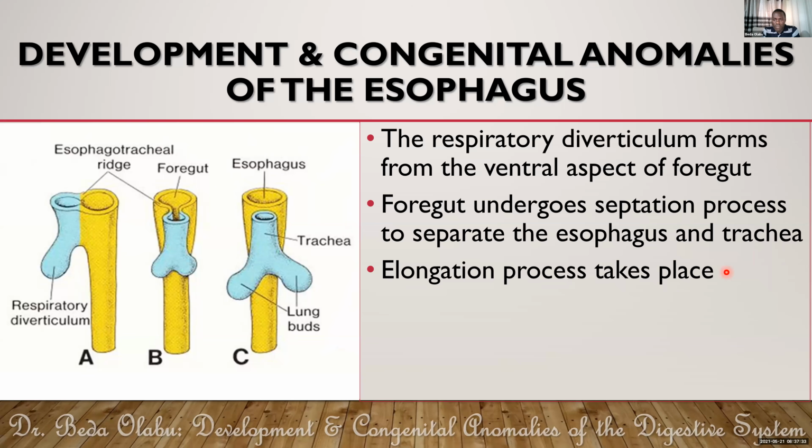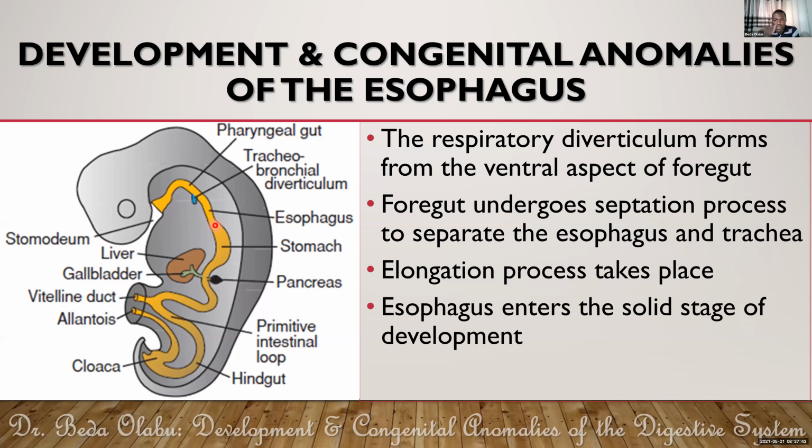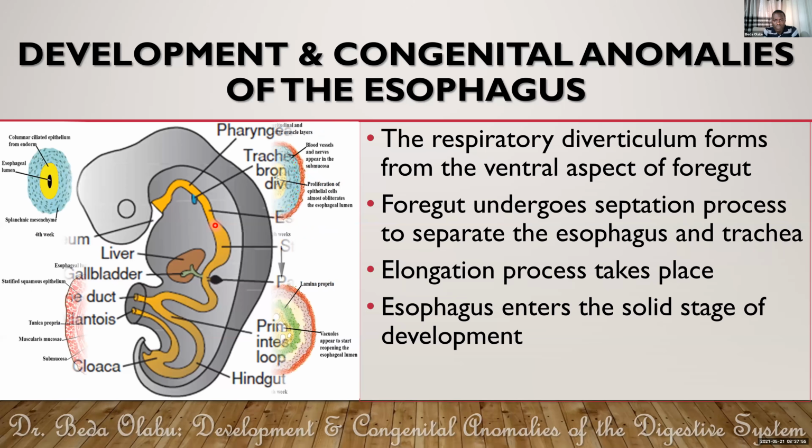Think through something. So this is the esophagus that is supposed to elongate. But I want you to think through something. As we mentioned earlier, the endoderm is inside and the splanchnic mesoderm is outside.